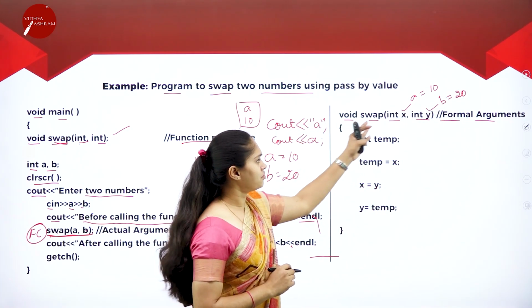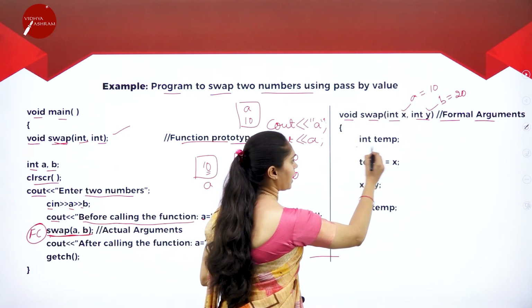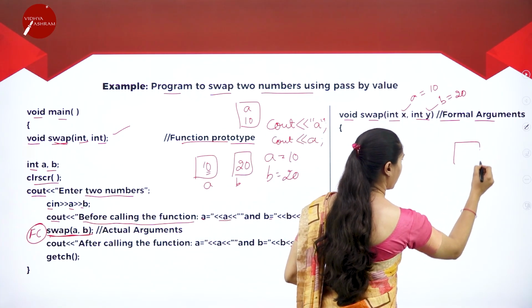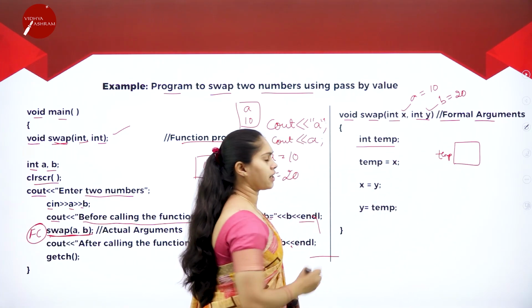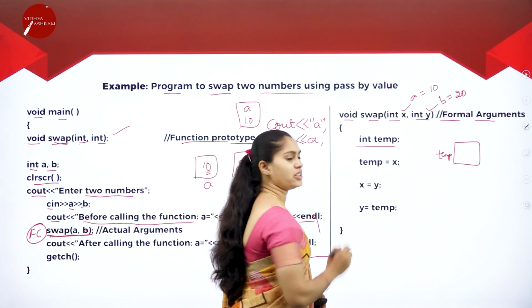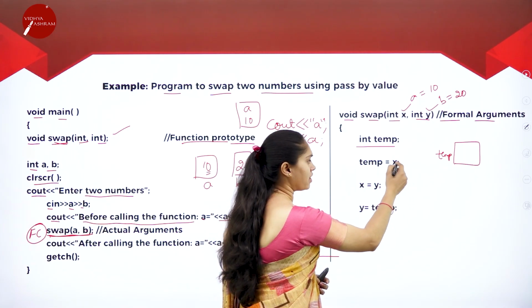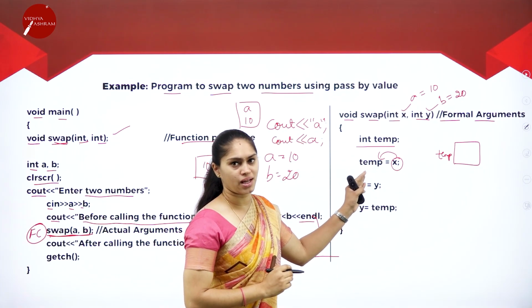Okay, so after getting the value, it will enter into the function body. Within that, I have one more variable called temp. So as of now, consider that I have one more variable called temp. The next line is temp is equal to x. That is an assignment. Whatever we have on the right side needs to be copied to the variable on the left.